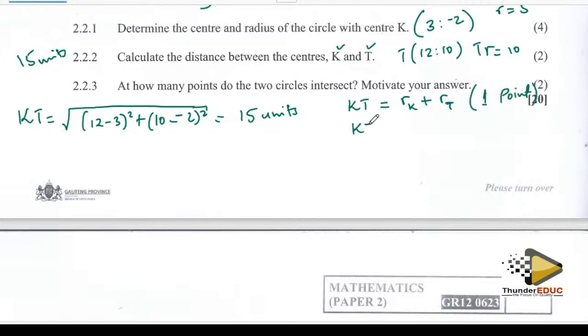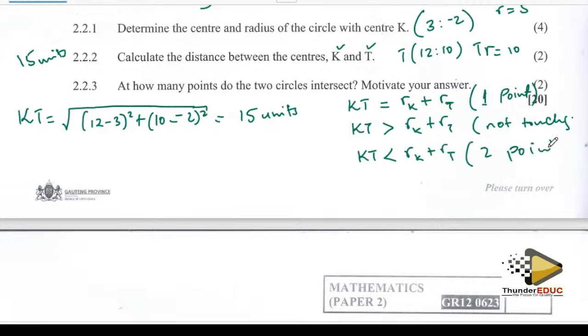Then if our KT, the distance we just found, is greater than the sum of the radii, then they are not touching. And if our KT is smaller than the radii, the circles are touching at 2 points.